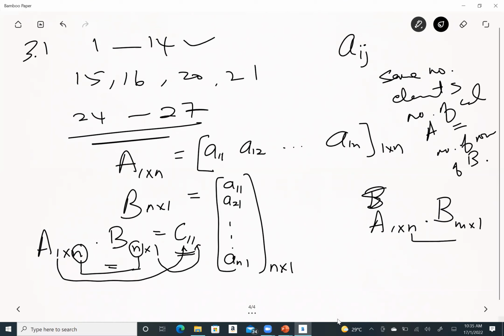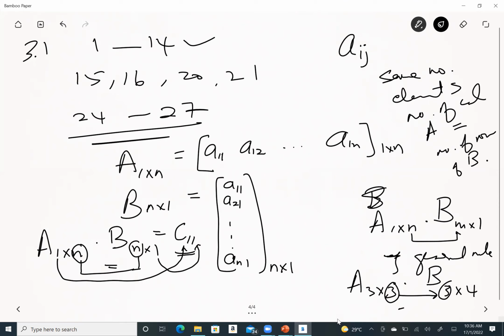This one you cannot multiply. Why? Because they will not be consisting of the same elements. n is not equal to m. All right. But that is a general rule, though. So that is a general rule of a matrix. So if you have a bigger matrix, then A, 3 by 3, you can multiply to a matrix 3 by 4. Why? Because here columns and rows same. Okay, you can multiply.